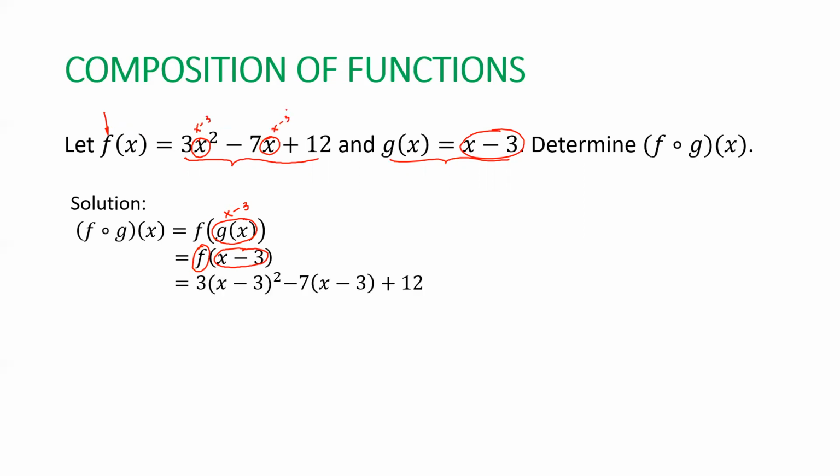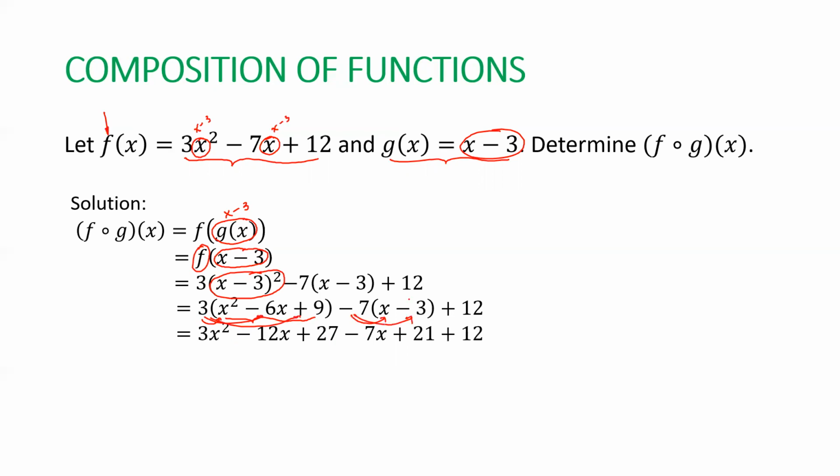So in our solution, we get 3 times the quantity of x minus 3 squared minus 7 times the quantity of x minus 3 plus 12. But we need to expand this. So expanding that binomial, we get x squared minus 6x plus 9. And then distributing these numbers, this negative 7 to x minus 3, we will get the following.